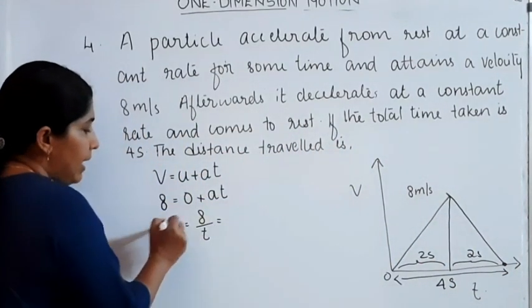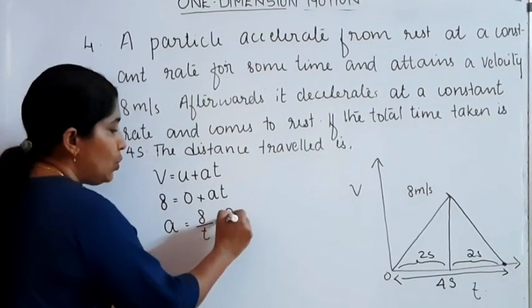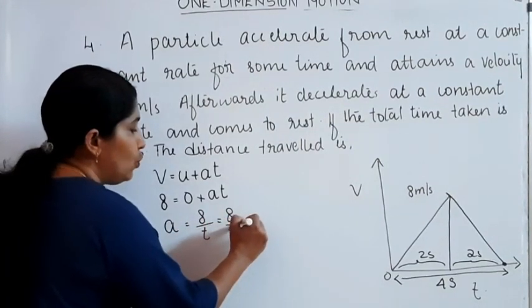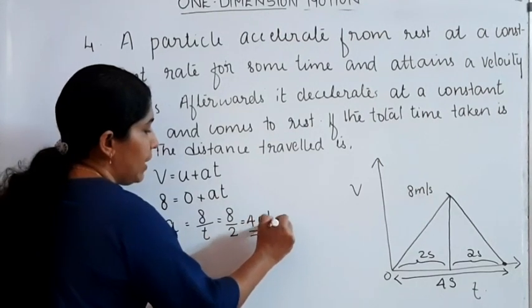Then acceleration is equal to 8 by 2, that's equal to 4 meter per second square.